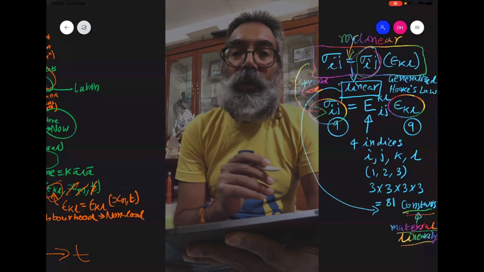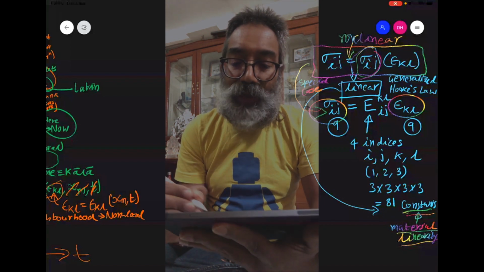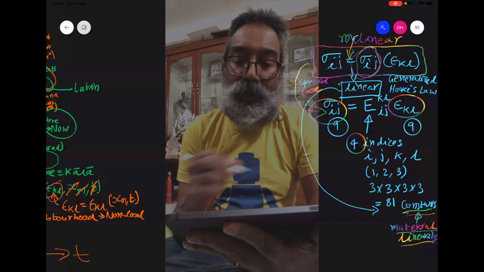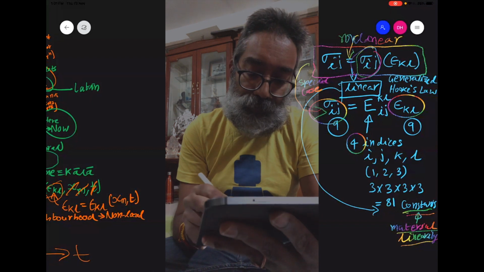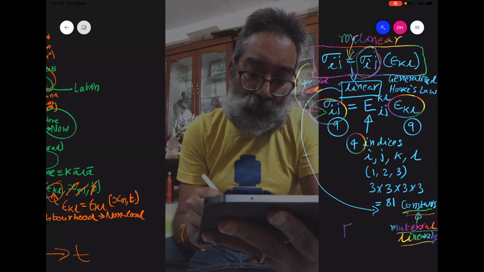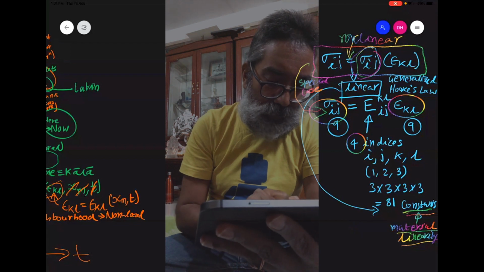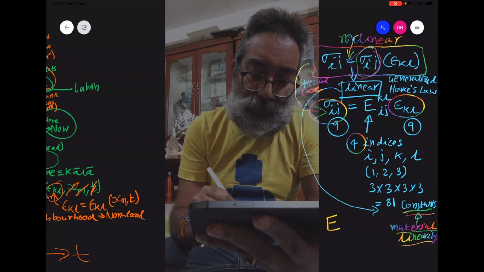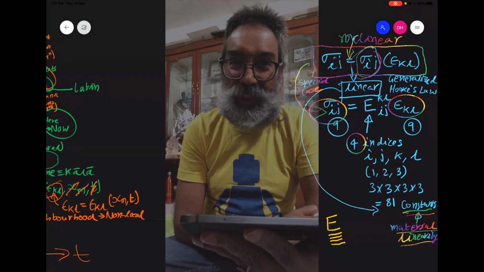Yeah. Now there are a few other things that we want to mention over here. The fact that we need 4 indices over here means that we are talking of E being a 4th rank tensor, because it involves 4 directions.